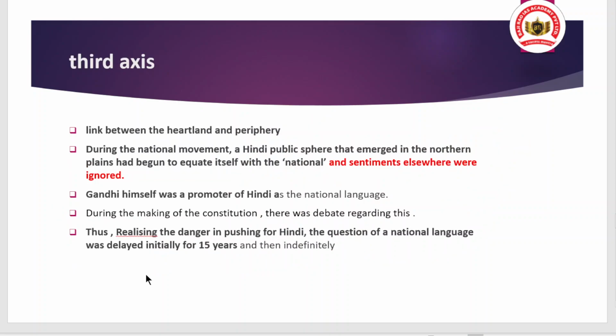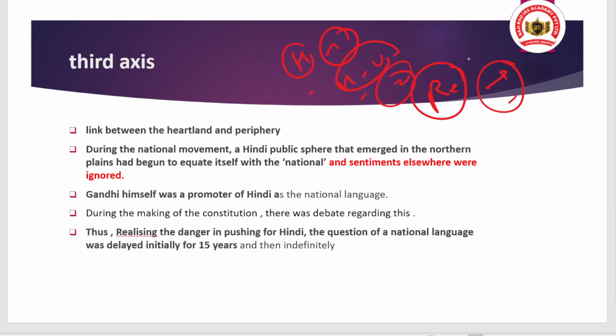So when we talk about the third axis, we have already talked about two axes. The first is unity among the Hindus. The second is Hindu-Muslim unity. The third axis is regional harmony, meaning the promotion of harmony between the states and between the regions. That is the point.